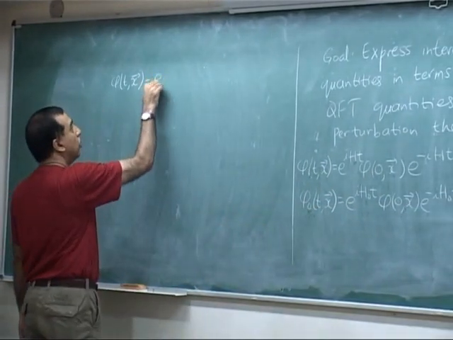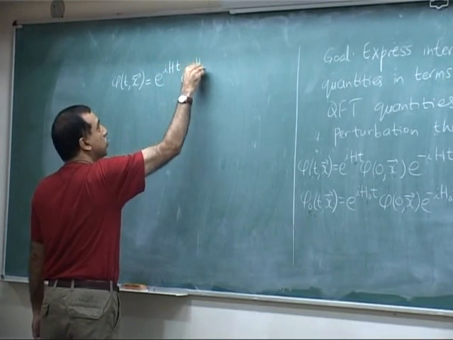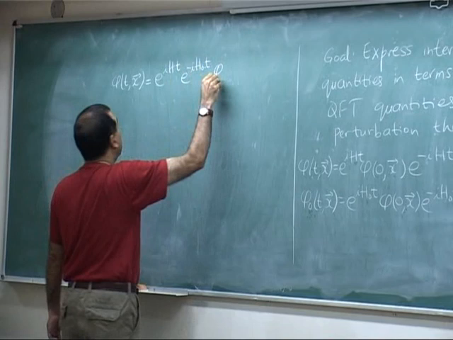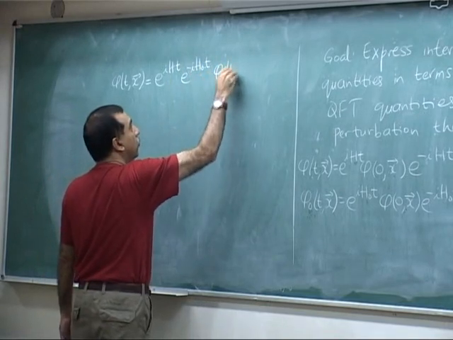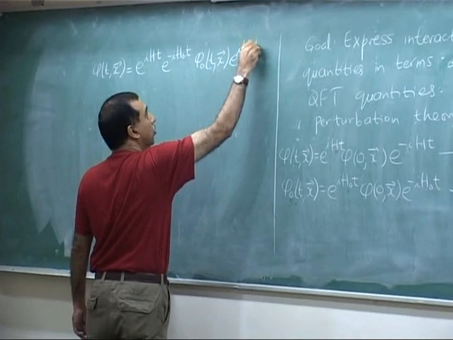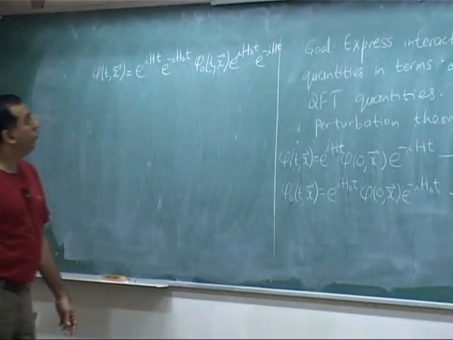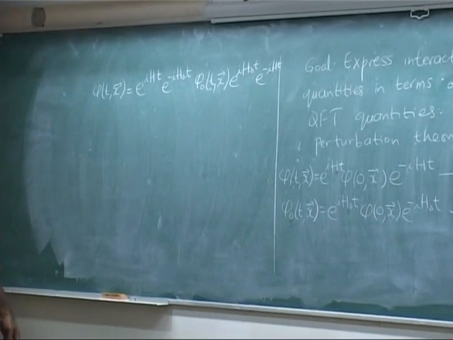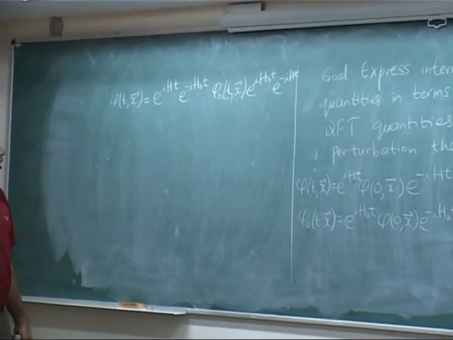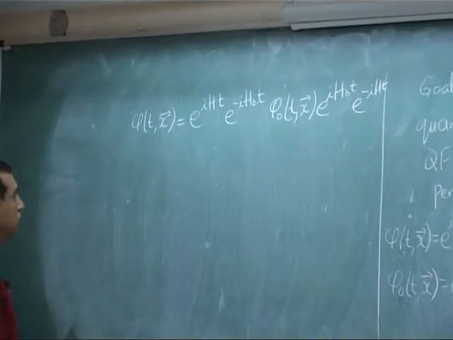So I get e to the iHt, e to the minus iH naught t, phi naught of t and x, e to the iH naught t, e to the minus iHt. Okay? I hope this is clear. It just comes from that pair of equations.